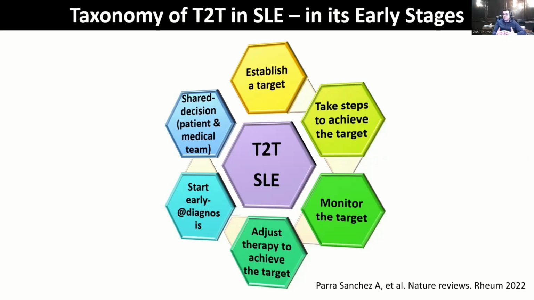Probably from the minute you make a diagnosis of lupus. And we have to keep in mind as well, and this is very important, that it should be a shared decision between the patient and the medical team, because this will only improve the outcomes.